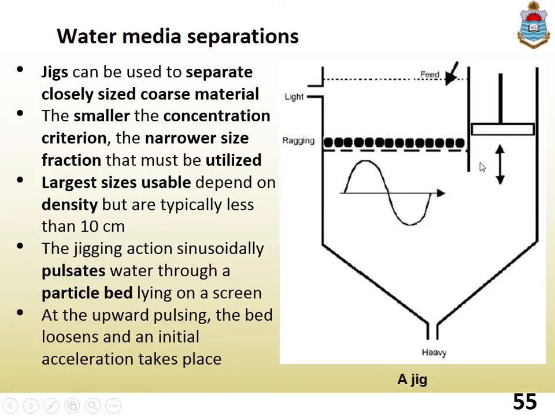And when the fluid moves up, it will help organize this feed or the particles lying down on this screen. So as the upward pulsing occurs, the bed loosens and an initial acceleration takes place. When there is a draft of water coming here, it loosens the bed here.